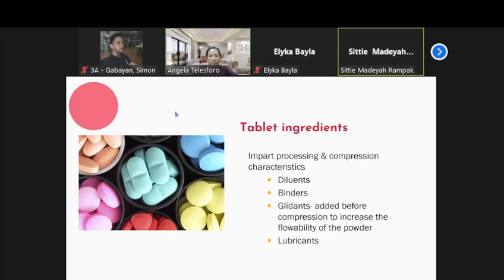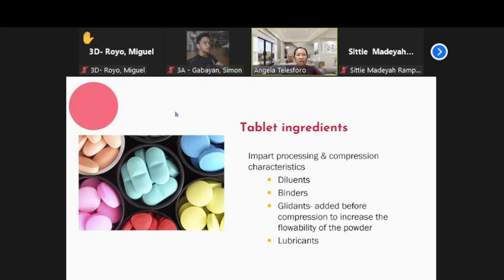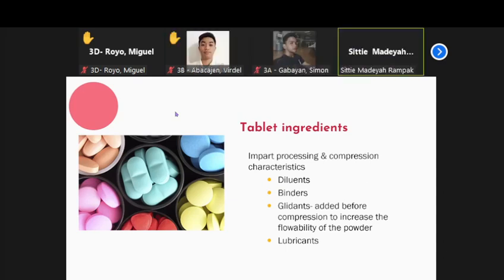Yes, ma'am. Okay, Rampak, what are diluents? Ma'am, yung ginagamit po para mag-dilute, mga diluting agents po, ma'am.